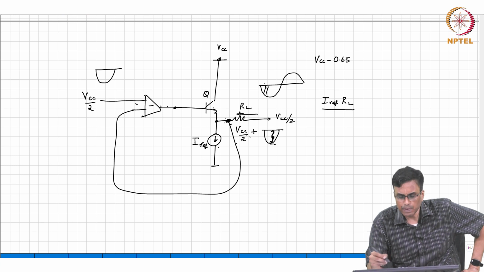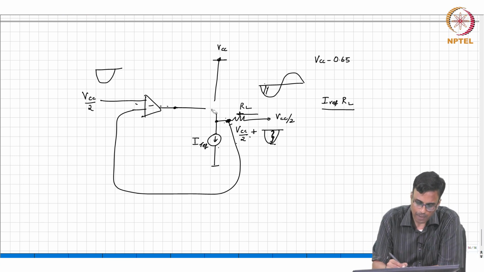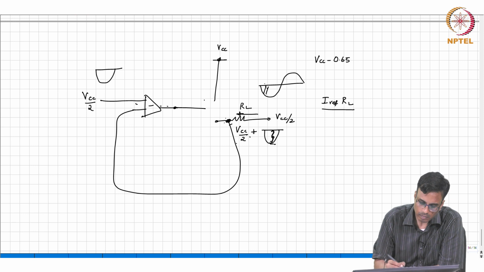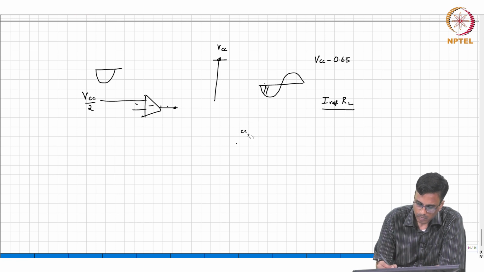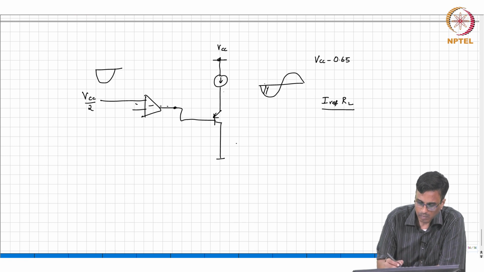Now, if you use a PNP common collector, what will happen? This is VCC by 2, this is RL.